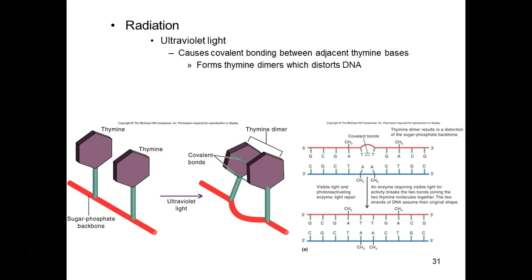But you don't want to overwork the system. When we expose microorganisms to this, we bombard them with more than they can handle, more than they can repair. And we can slow their growth, we can even stop their growth, we can even kill them.